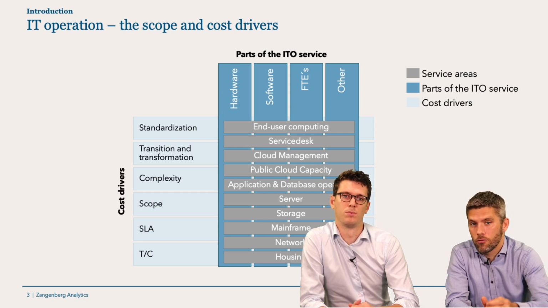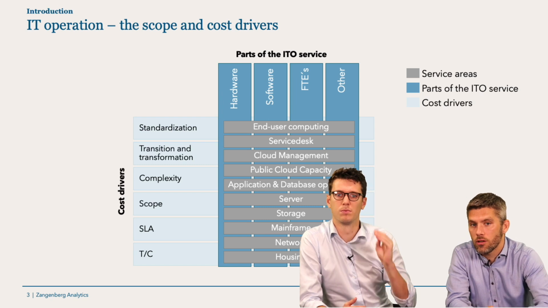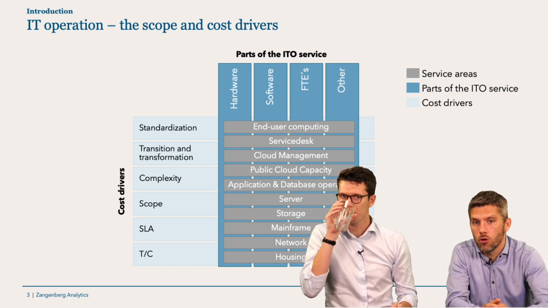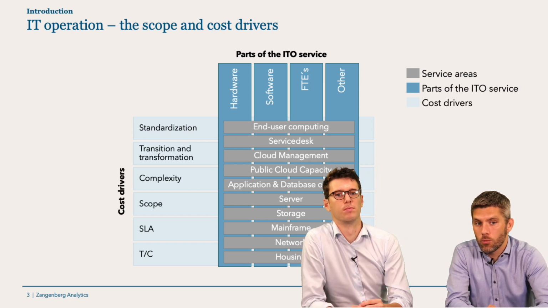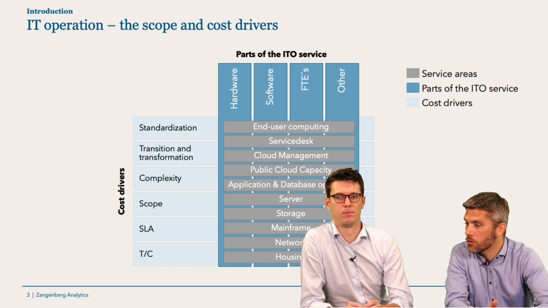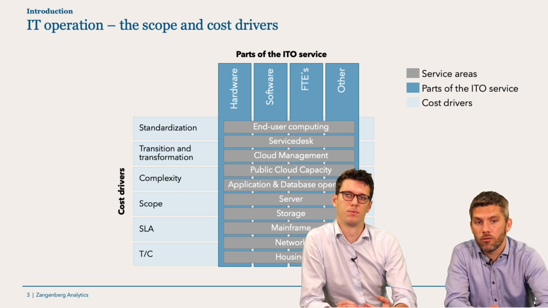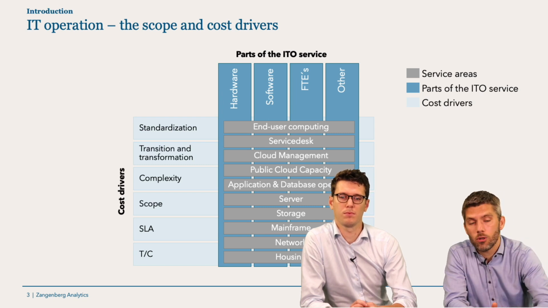But of course, there are more cost drivers and more detailed cost drivers than the ones listed here, but these are the main or the overall cost drivers in ITO agreements, and what we in particular are focusing on when reviewing an agreement or helping forming a new agreement or just benchmarking agreements.